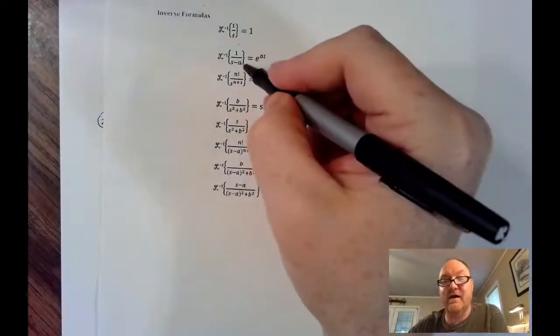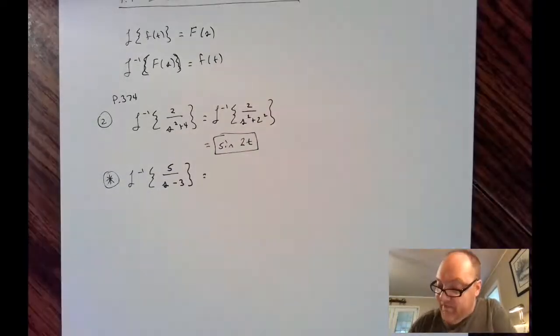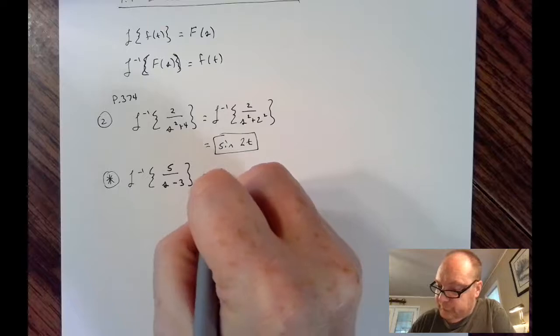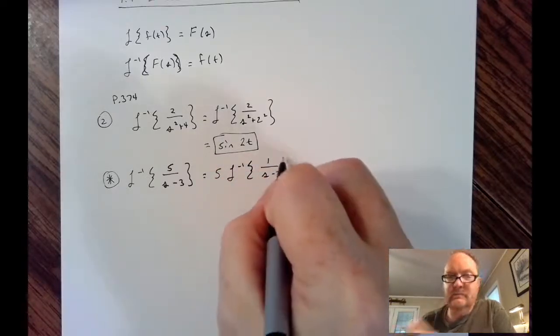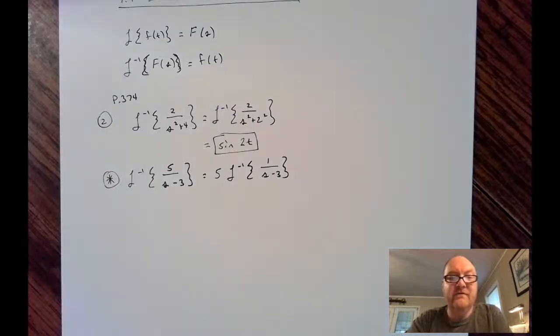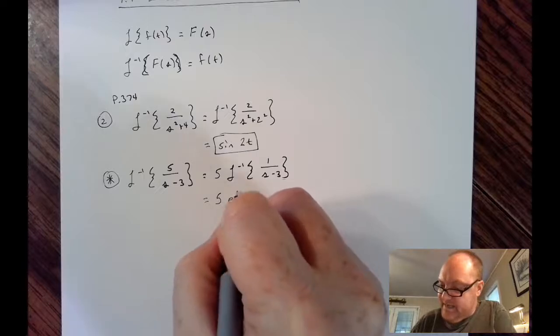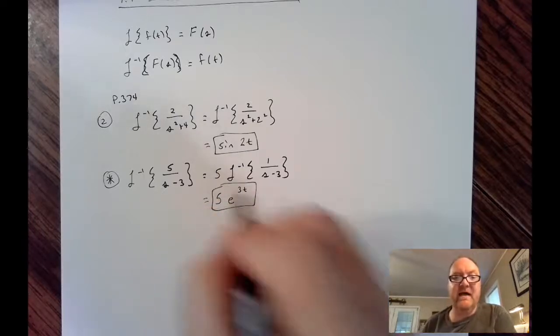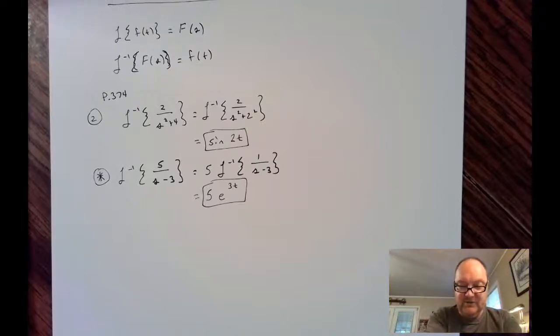But I've got that extra number down in the bottom. What I don't need is the 5, so I can factor the 5 out. So I have the inverse transformation of 1 over s minus 3, which looks exactly like the second option there. And that option says e to the 3t power, and of course, in this problem, times that 5 that I factored out. Okay, so any of those options are fair game.